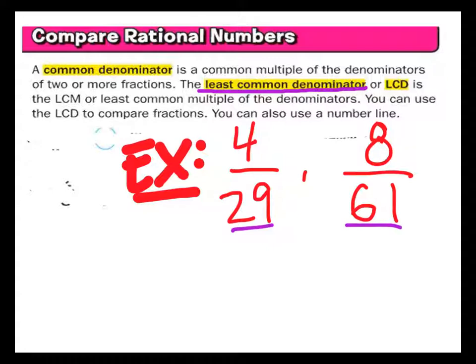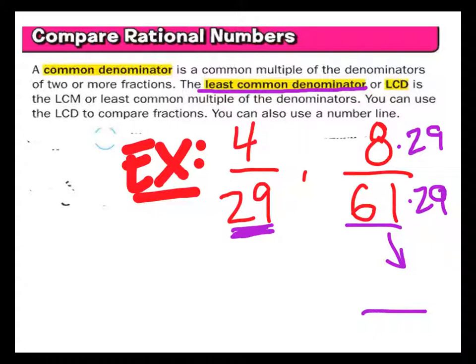So the easier way to do it: we'll take 29, for example, and multiply it onto the other fraction in both the numerator and denominator. So times 29, times 29. What this does is it gives me an automatic denominator of a large number.